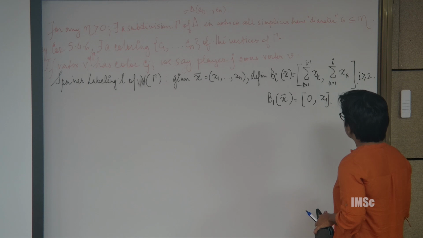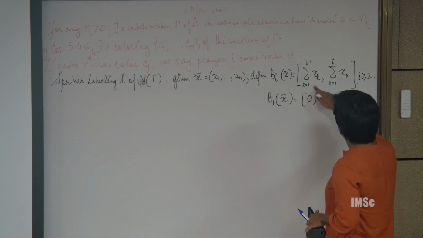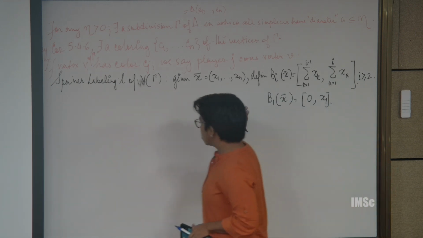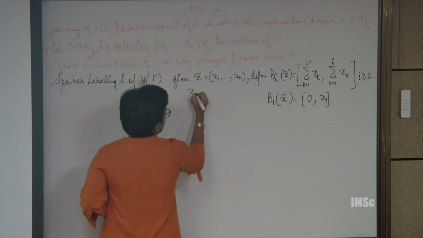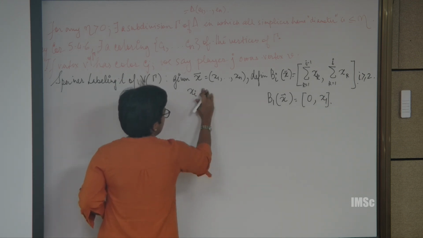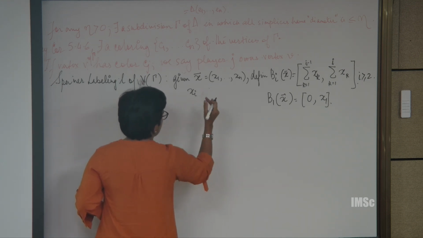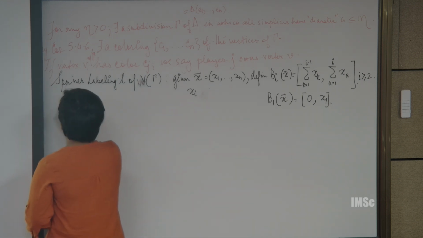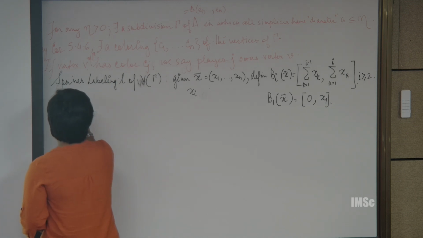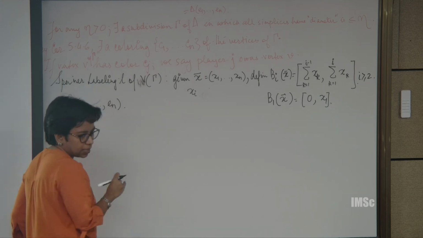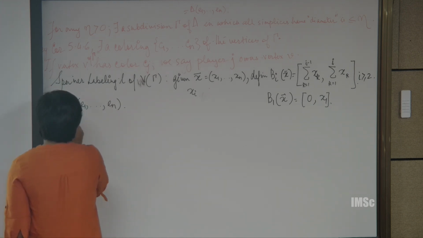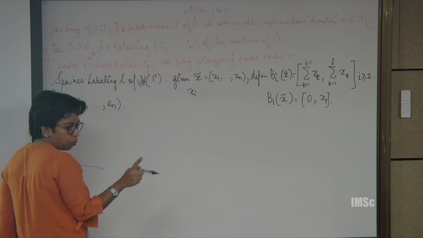Okay. So, I am splitting. Each x_i here can only be between these values. So, delta is the simplex over this, right? The length of these vectors is 1.